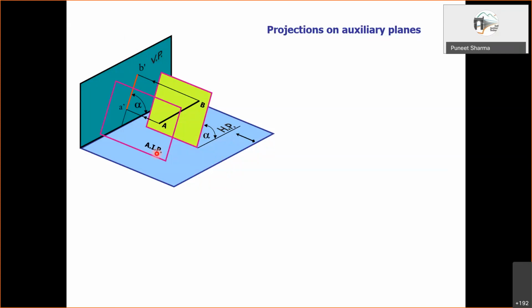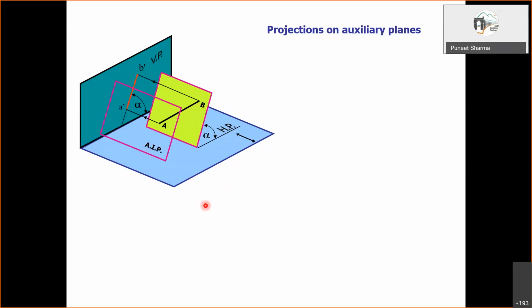But if we consider this AIP, this is parallel to this line. So if we consider this, then a projection of this line onto this plane will give us the true length of the line, right? Because this is parallel to it.